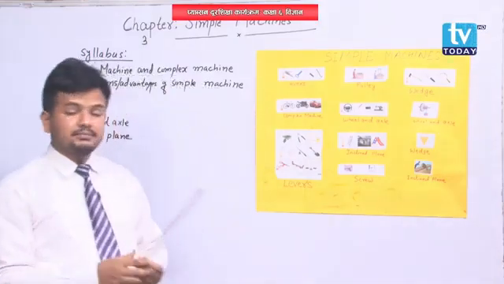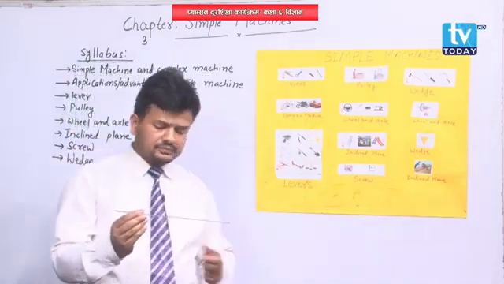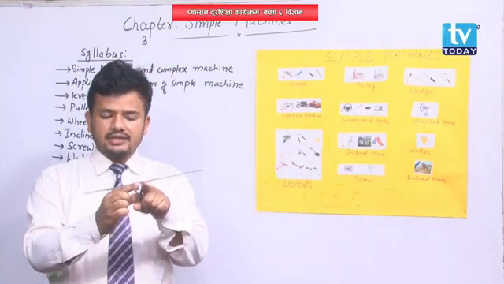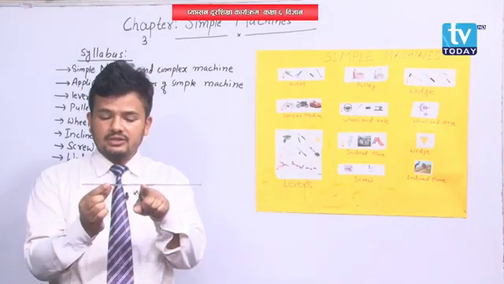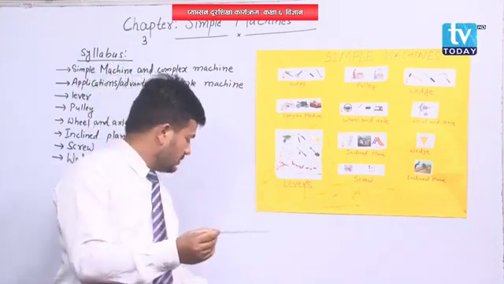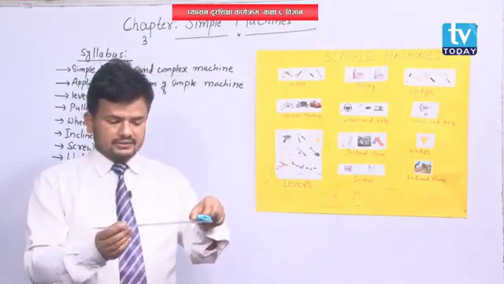See, you can make a simple machine by using a scale also. Look at here how it is. The scale is supported on my finger. This finger is called the supporter or fulcrum. You can keep any load there at one side.